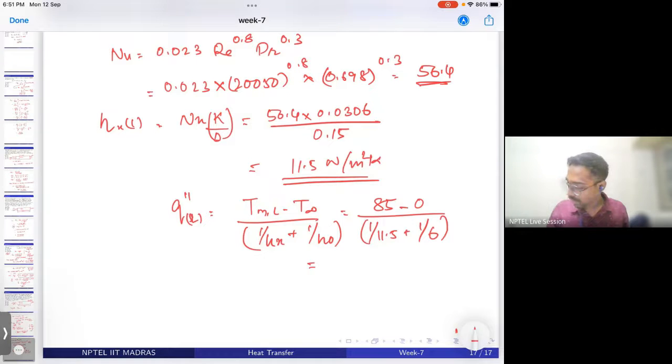So the answer will come out to be 335 watts per meter square, which is the heat flux at the exit.